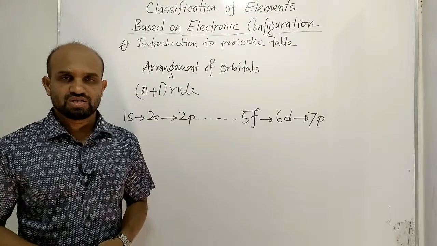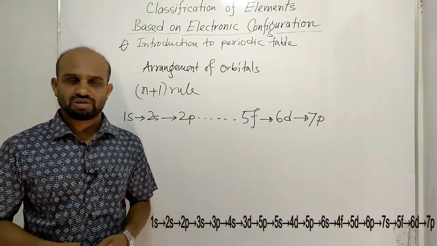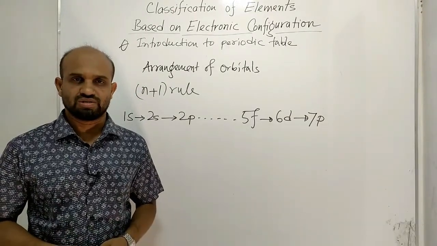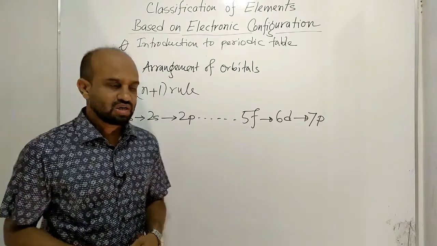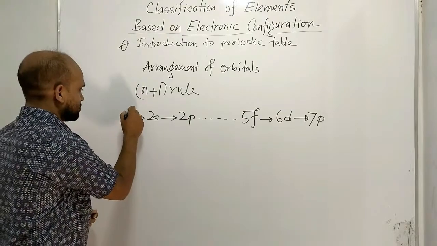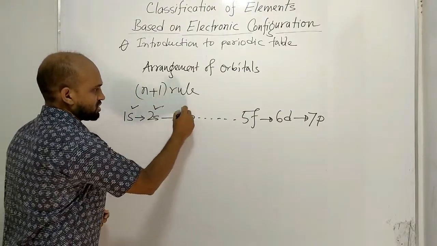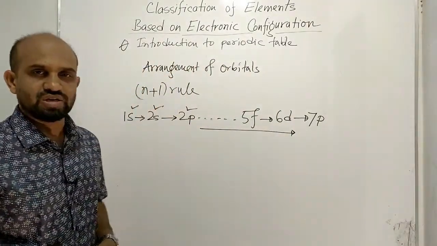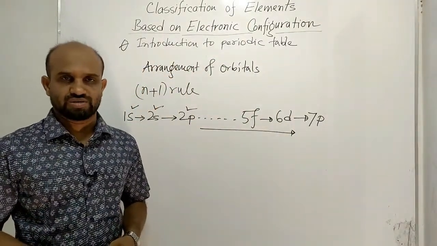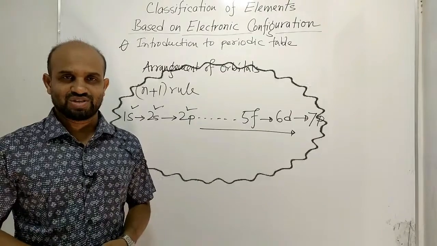You can see on the screen all the orbitals are arranged according to their energies. And in distributing, the electrons will enter first this orbital, then this orbital, then this orbital, and so on. This is actually the arrangement of orbitals. Let's move on to the next point.